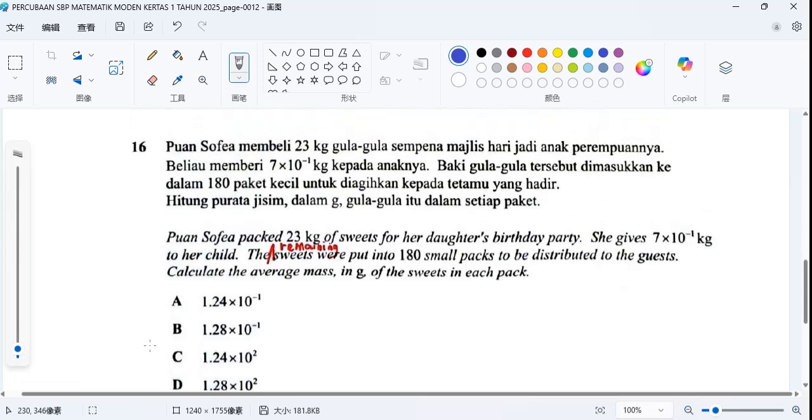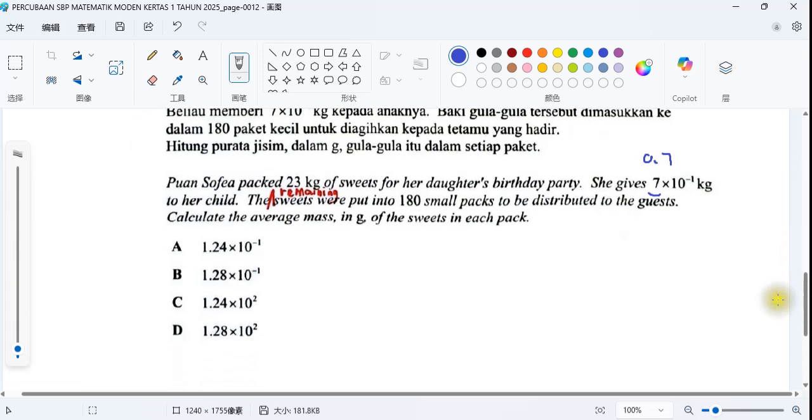Puan Sophia packed 23 kg of sweets for her daughter's birthday party. She gave 7 times 10 to the power of negative 1 kg to her child. So this is 0.7. And the remaining sweets were put into 180 small packs to be distributed to the guests. Calculate the average mass, in gram, of the sweets in each pack.